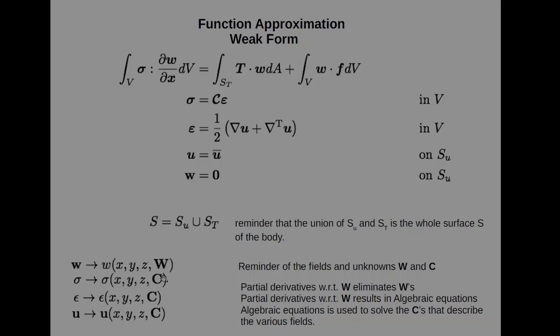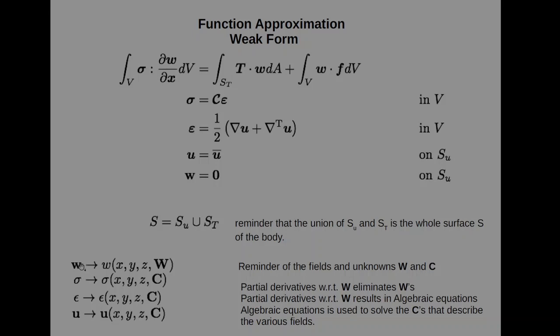So what we see here is that we've taken the strong form, which was only 15 fields of unknowns, and we now actually have 18 fields of unknowns. There's 3 here, 6 here, 6 here is 15, plus another 3 is 18.